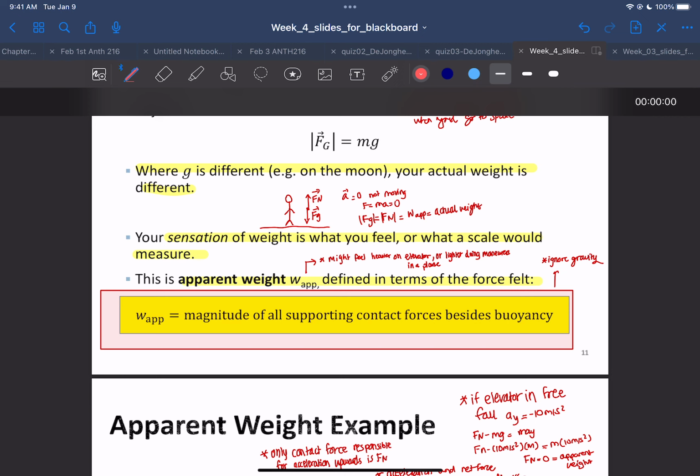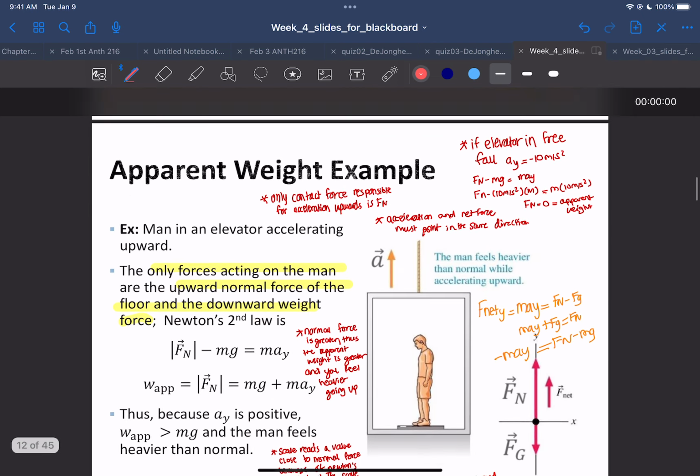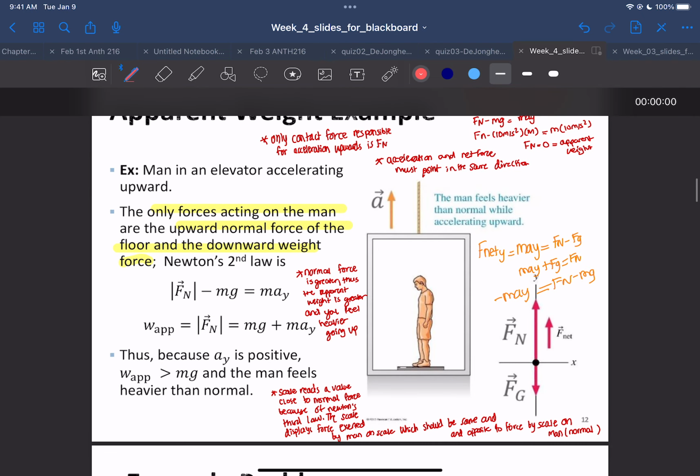An example might be, if you were in an elevator, and they love to use elevator problems, and I can show what's going on here. Well, if you're in an elevator and you are moving upwards, then you might feel that you're apparently a little bit heavier, right?